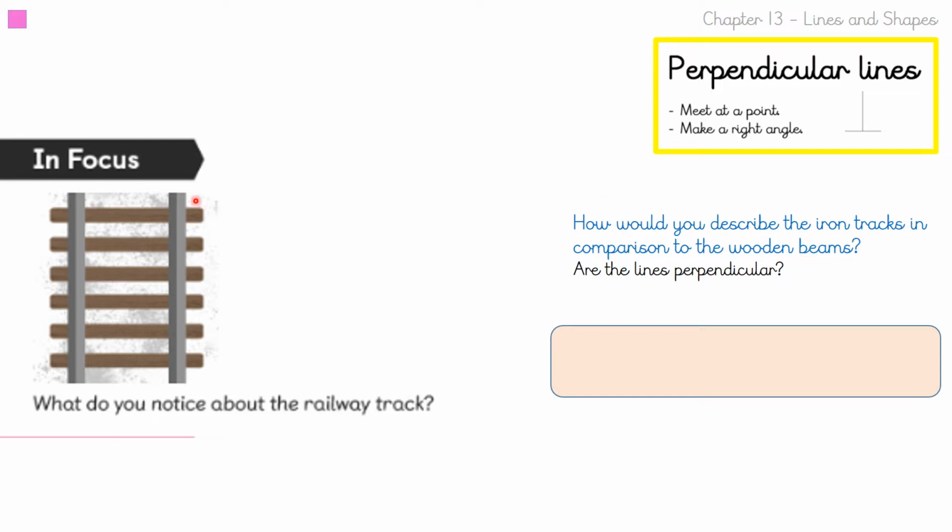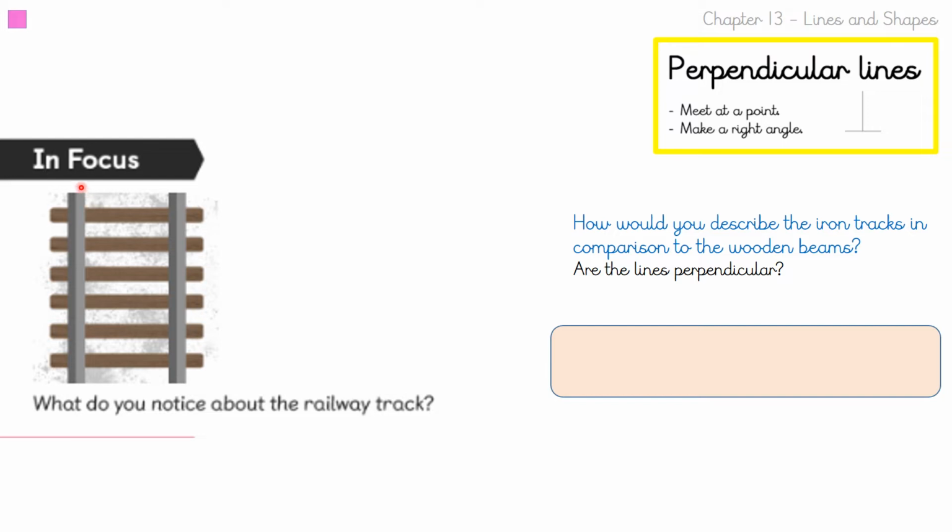So if you look at the iron tracks here and the wooden beams here, how could you describe these types of lines? Are the lines perpendicular? Yes, well done. They are, because we know that if we can see a right angle, then we can see perpendicular lines.